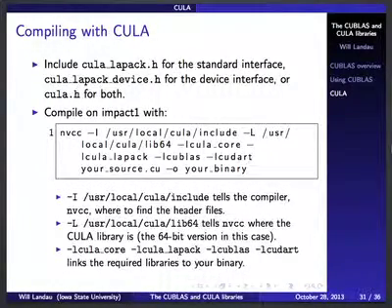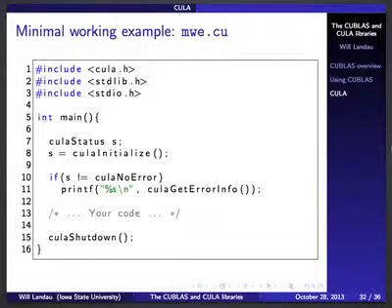And these comments are available for your reference. I already explained them. So here's a minimal working example with CULA. You just get a CULA status to check your errors with, and then you call CULA initialize, and then you check that error, you run your code, and then you call CULA shutdown.